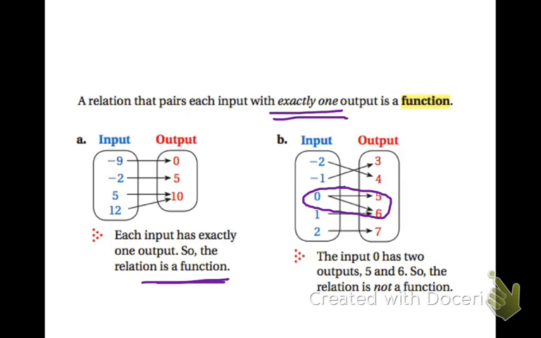There's no rule that would allow us to do that. When you substitute an input value into an equation and you do the mathematics according to the order of operations, you would get the same answer every time for that input. That's why it can only have exactly 1 output. There's no rule that we could write that would pair 0 with 2 different outputs. That is why it is not a function.